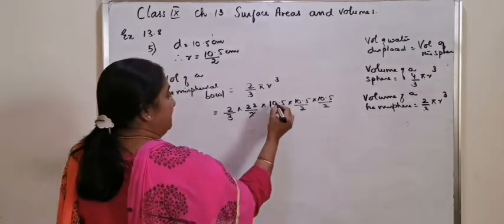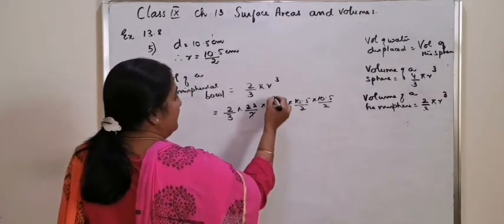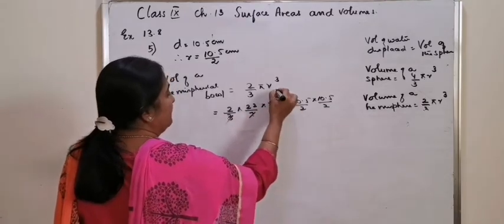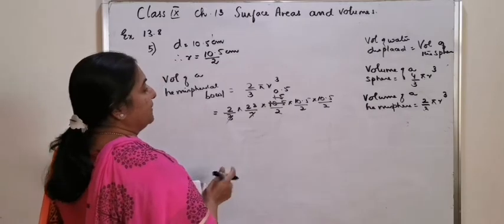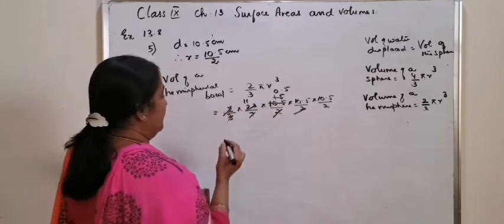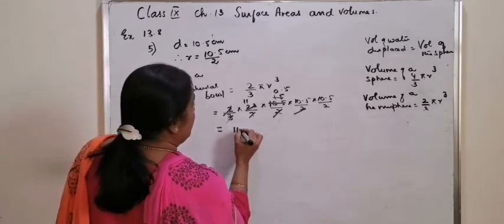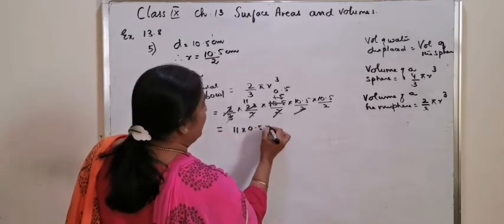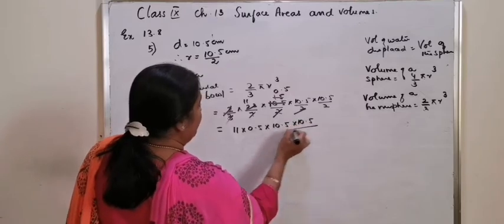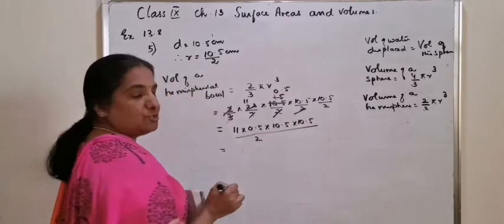So 7, it is 7 ones are 7, 1.5, 3 and 1.5 is 0.5. This 2 gets cancelled with 22, leaving 11. So it is 11 into 0.5 into 10.5 into 10.5 divided by 2.